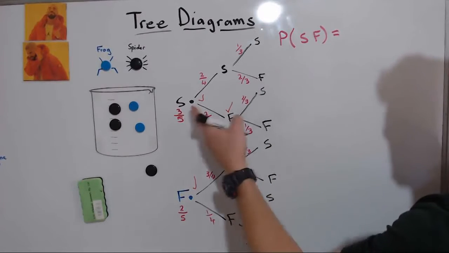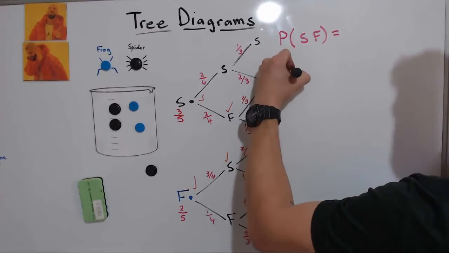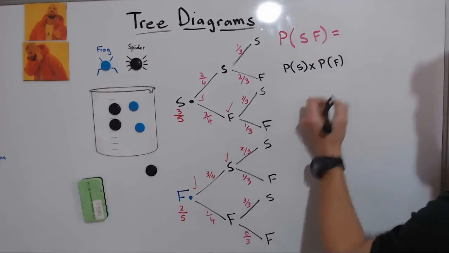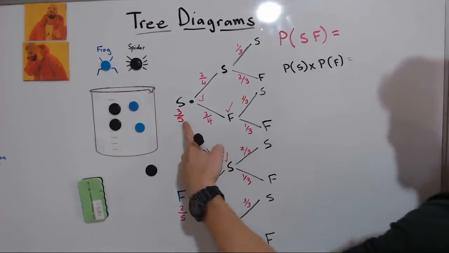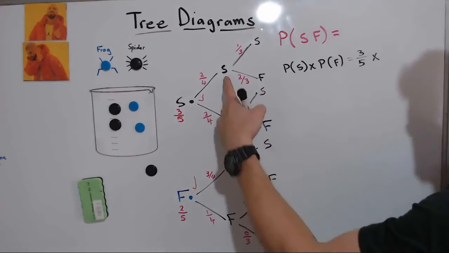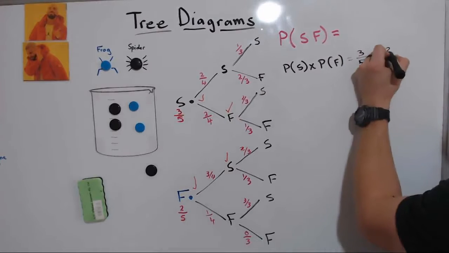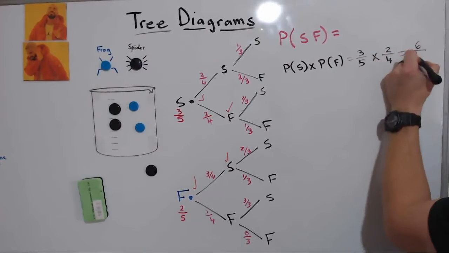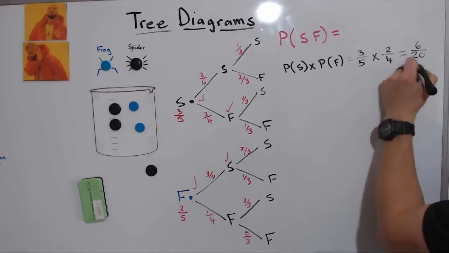Probability of spider, frog is probability of the spider times by probability of the frog. And that's going to be this, which is 3/5, times by the frog, which is 2 quarters, and that'll give me 6/20, or 3/10.